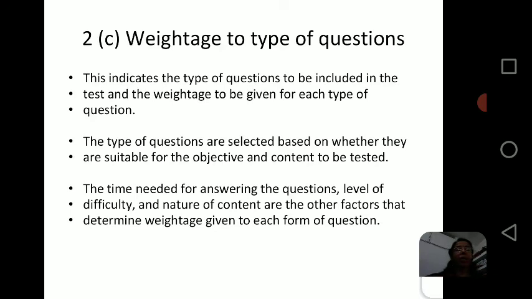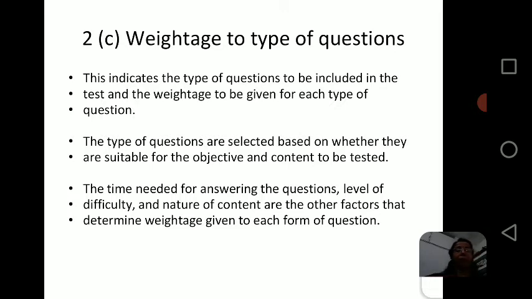This indicates the type of questions to be included in the test and the weightage to be given for each type of questions. The type of questions are selected based on whether they are suitable for the objective and content to be tested. Then the time needed for answering the questions, level of difficulty and nature of content are the other factors that determine weightage given to each form of questions.